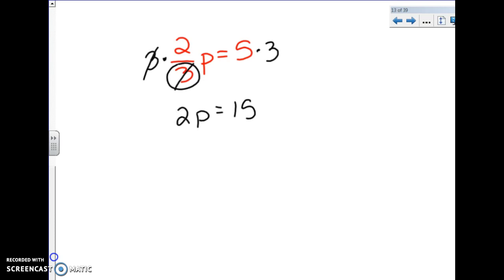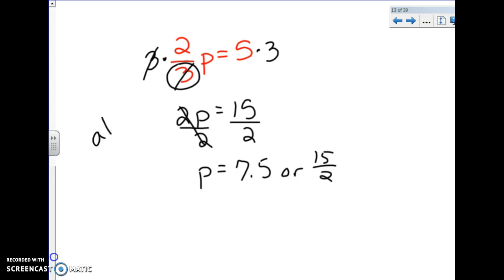And then I have to go ahead and divide both sides by 2 to get rid of that. And I get p equals 7.5 or 15 over 2, just like I did before. So if you don't think that you're strong with determining a reciprocal and worrying about multiplying all those fractions everywhere, this is an alternate method with fractions.